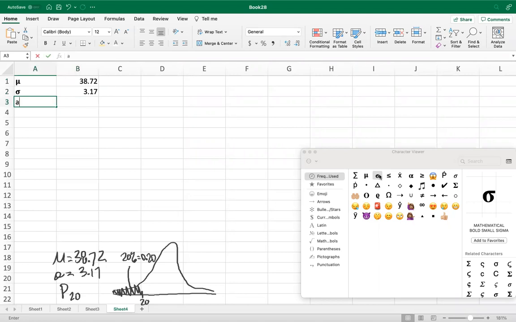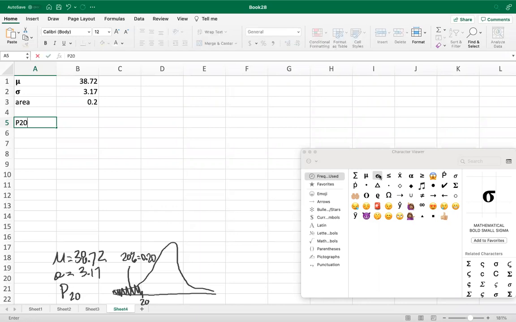And the area is 0.20, or just 0.2. So now this time we're looking at an area and we need an associated z-score. So whenever, like our question between inverse and, let me just show you.